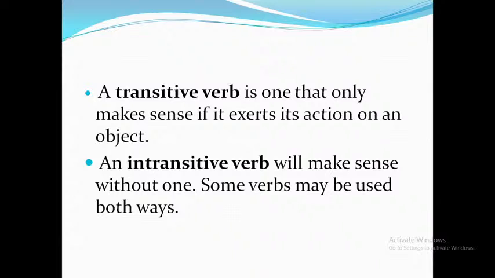Next, an intransitive verb will make sense without one. And when you observe the intransitive verb, you will not find any object in that. Some verbs may be used both ways.